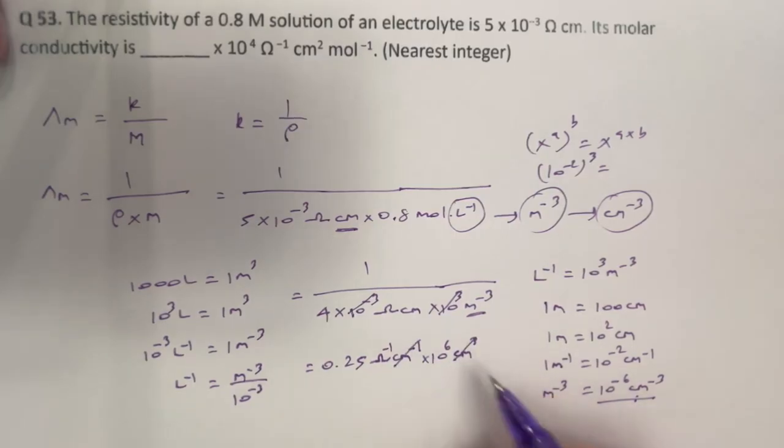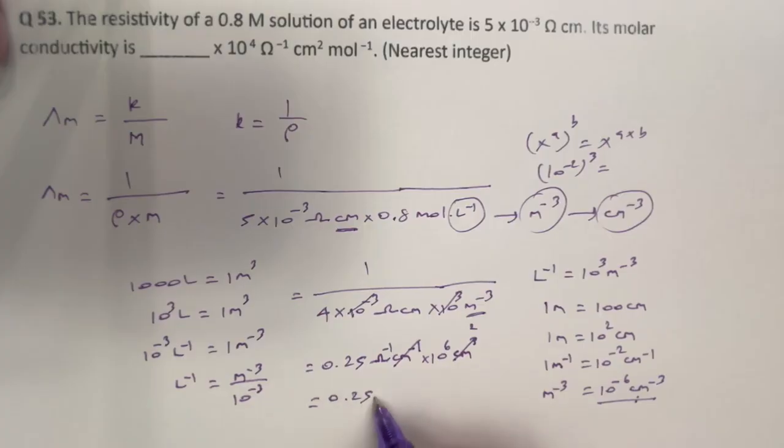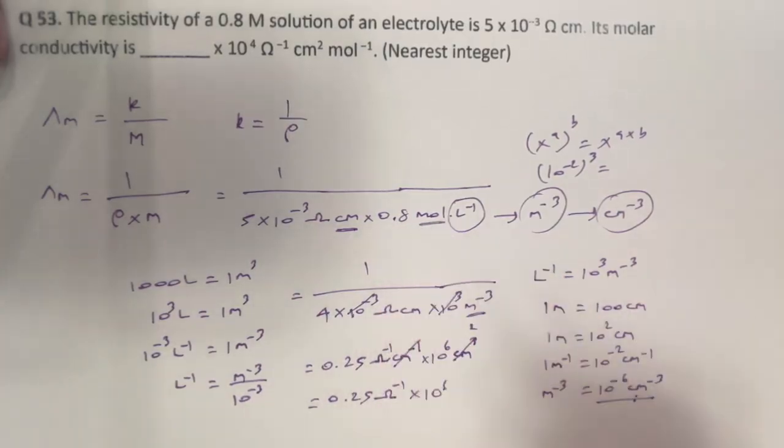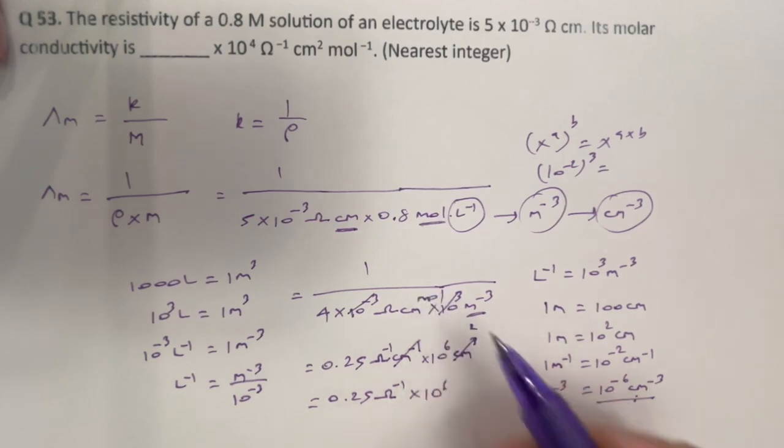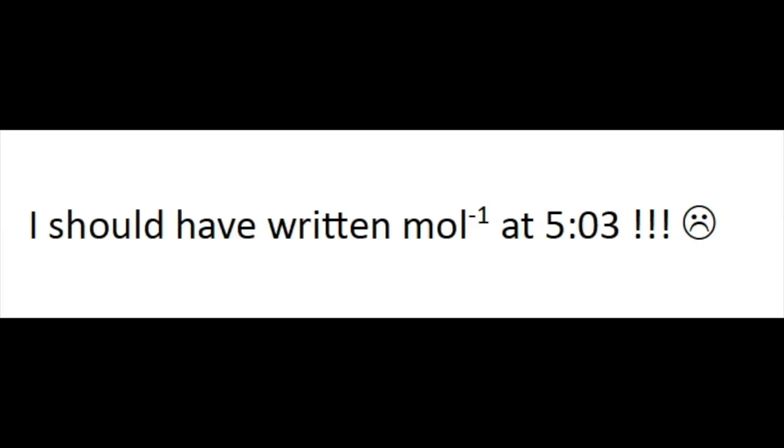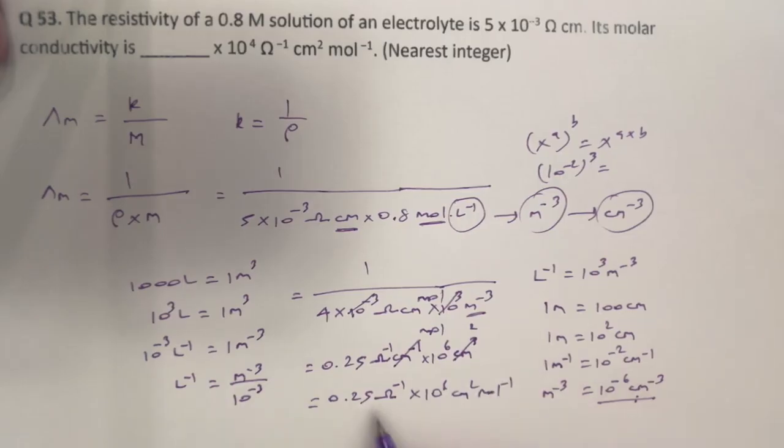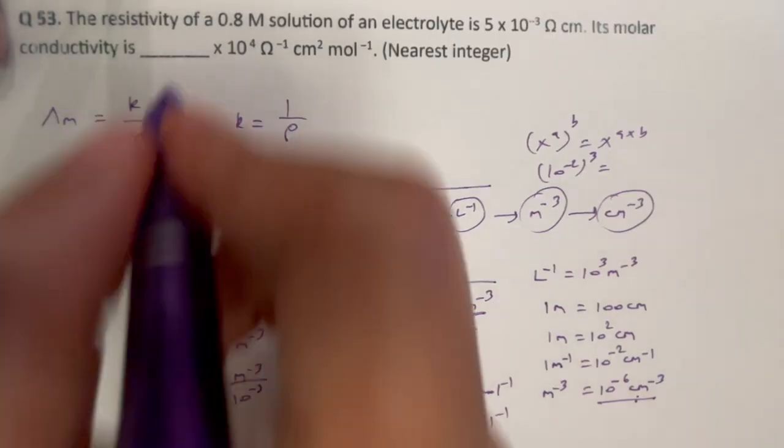So we can cancel this and that would become centimeter square. So what we have is 0.25 per ohm times 10 to the power 6, we forgot the mole, so we have mole here, 10 to the power 6 centimeter square per mole, which we can write as 25 times 10 to the power 4 per ohm centimeter square per mole. So 25 is the correct answer here.